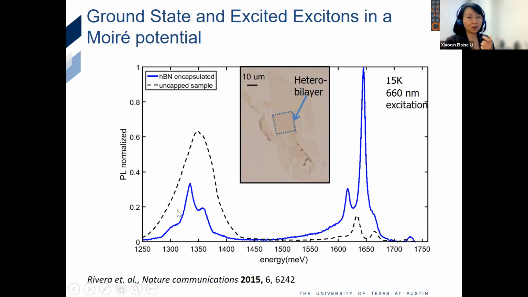But we're still left very puzzled by what these multiple peaks are. It could be just some uncontrolled strain, as we were worried about, that is shifting the position of the excitons. So it took us a long time to build any confidence to assign them to quantized exciton states.